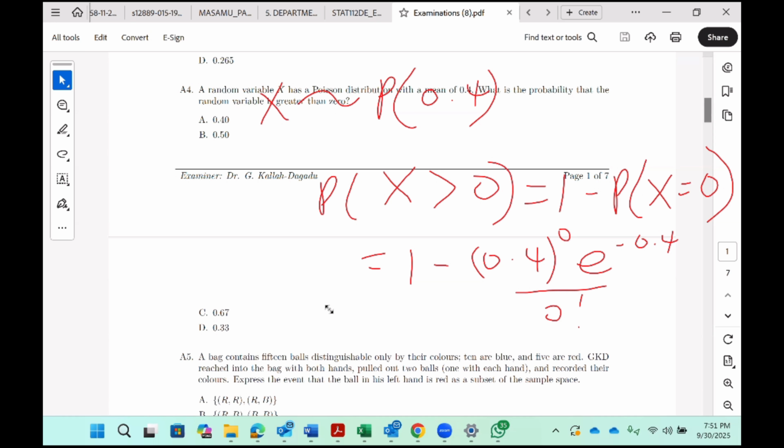Okay. Oh, great. So when we compute, we are going to get 0.33, which is the D. Oh, that's great. Thank you.